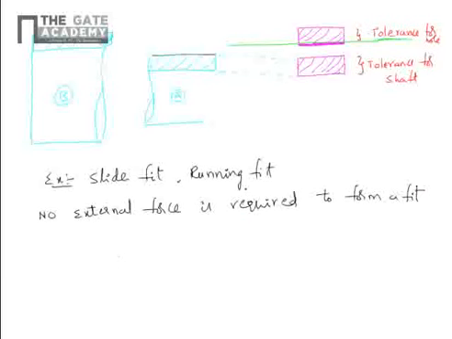So if you look at the diagram, before going to maximum clearance, we need to mention what is the upper limit of hole and upper limit of shaft, and lower limit of hole, lower limit of shaft. So this is basic size.